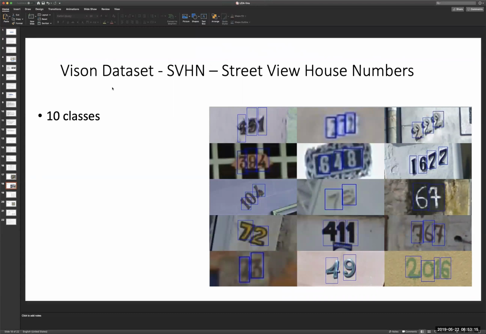Again, it's 10 classes. It's sort of like digit recognition, but they can look like real images. The data set is actually what's in blue here, what's in the bounding boxes. It's not the whole image, it's just these individual images.